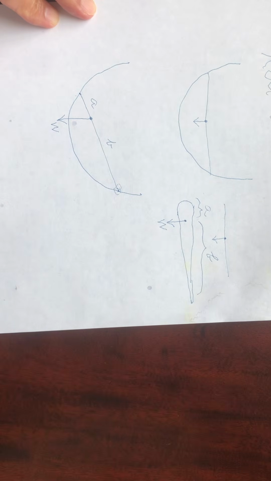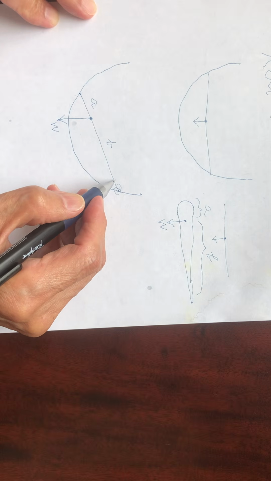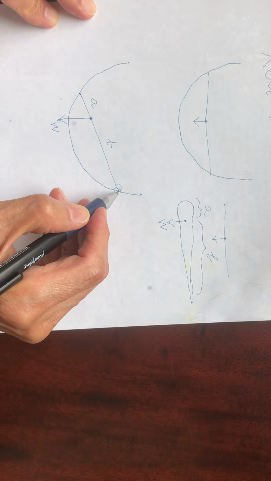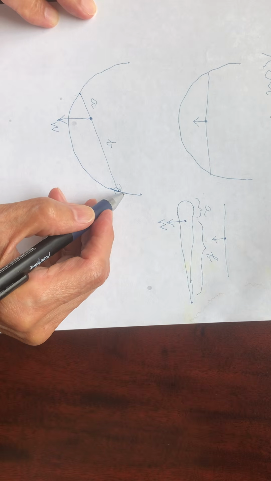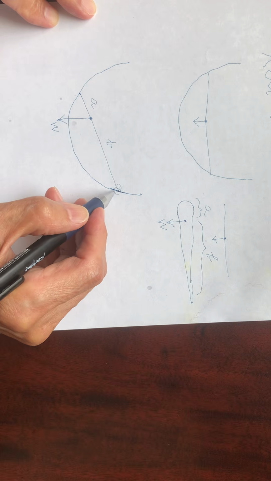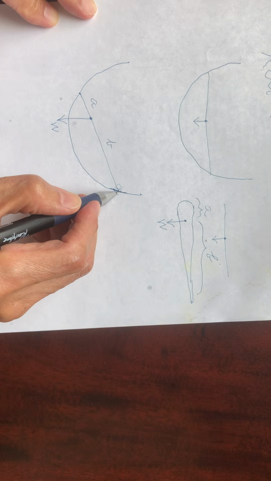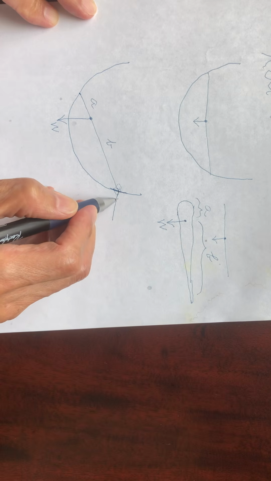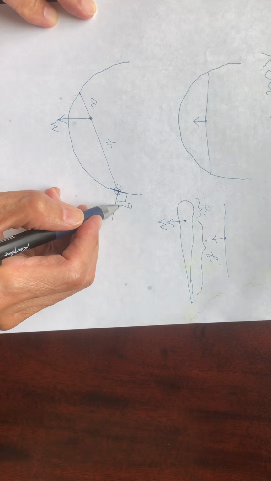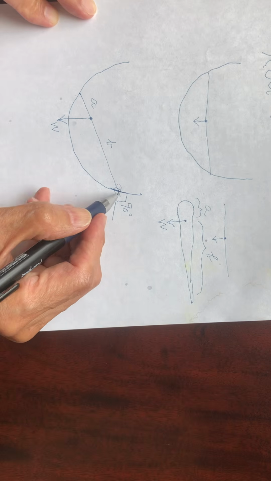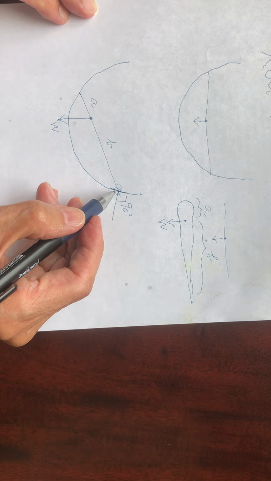If there is no friction, then the force acting on the rod at this end must be perpendicular to the ball's surface, which means the reaction force is 90 degrees here. That is what it means by there is no friction, or the word smooth.